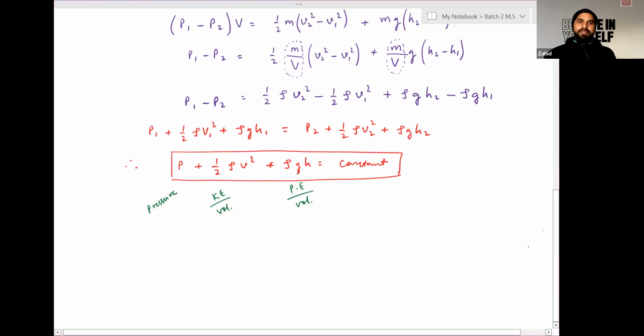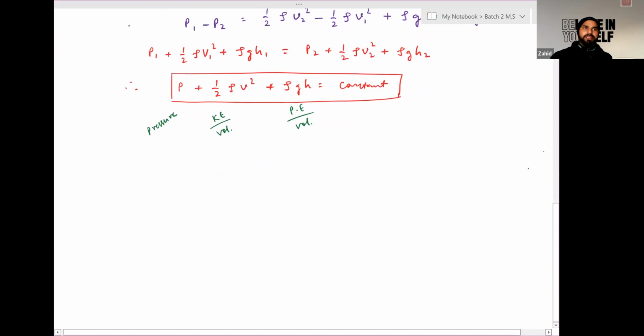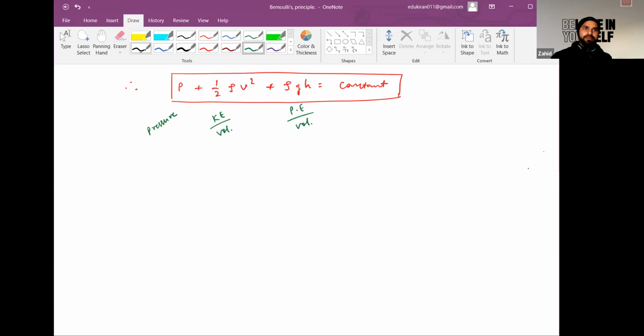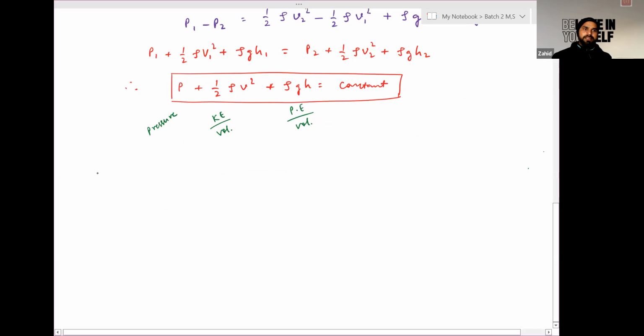Now, in this particular relation, P will be variable, velocity will be variable, and H will be variable. Rho, that is density of liquid, will be constant, and g, gravity, will also be constant. So we can rearrange this equation in another way. Divide this entire equation by rho times g.